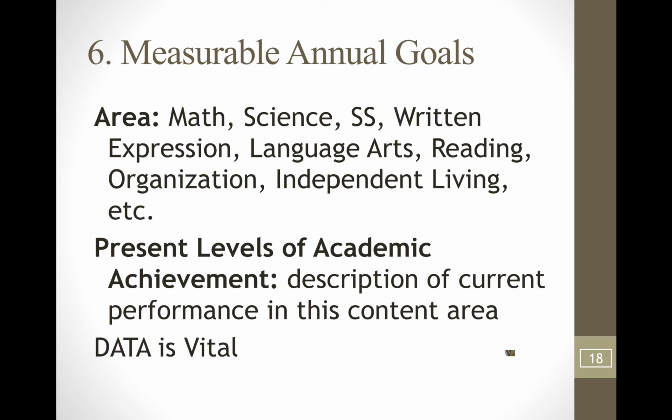So if the area for this goal is math, then you will put in the present levels area what grades they're receiving in math, what particular weaknesses they have, typical errors that they make, whether or not they attend class regularly, do they complete homework regularly. You can compare homework scores versus quiz scores versus test scores here. So in that particular area, it's most important that you're providing solid quantitative data regarding where the student is.